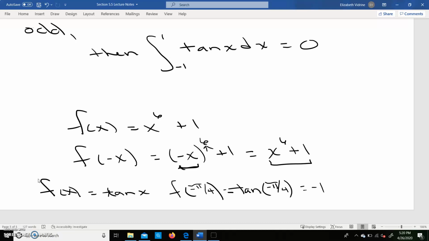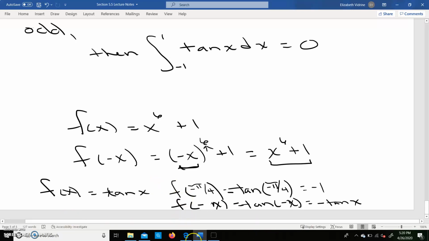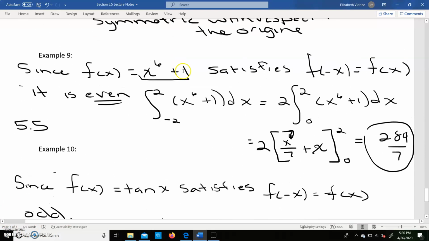So this works for any x. If you plug a negative x value into the function, so that's tangent of negative x, you end up with the opposite of the tangent function, right? And so that's an odd function. And so just go back over those definitions and be able to apply these two properties.